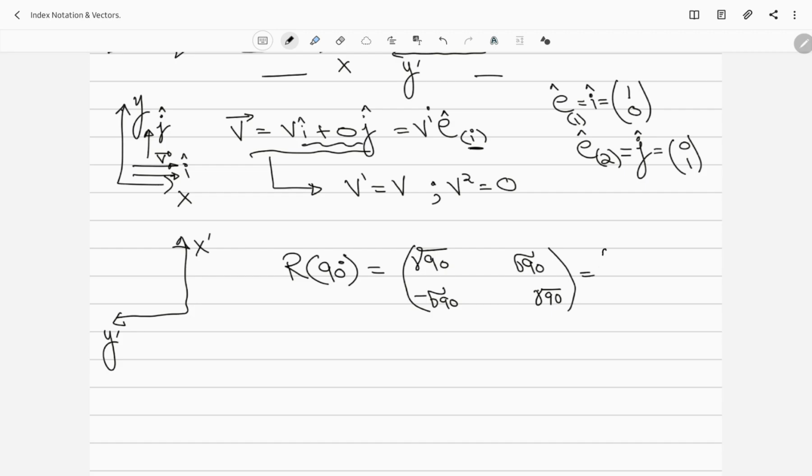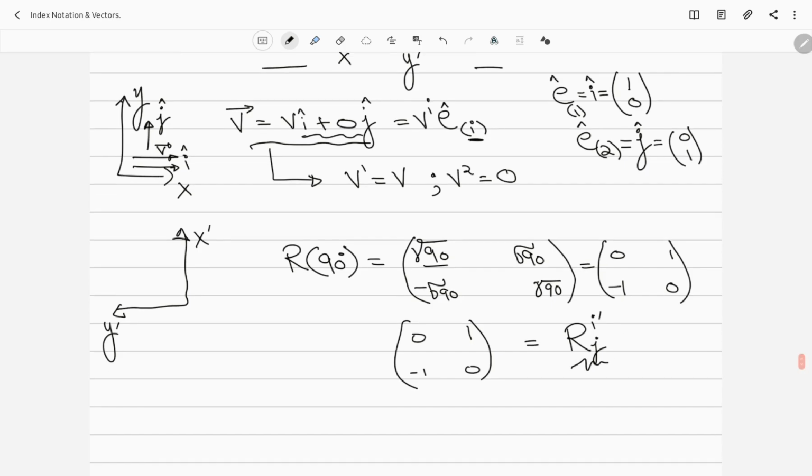If you evaluate this, sin 90 is 1, cos 90 is 0, and you get 0 1 minus 1 0. You can call this your R i prime j, the matrix representation of this object.